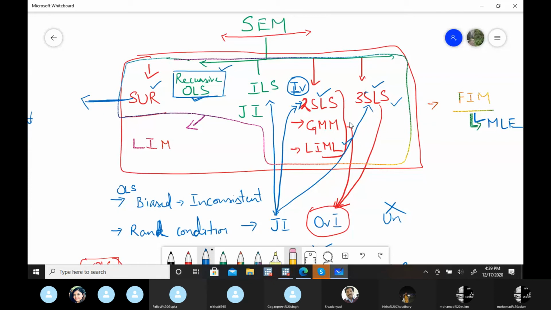So I hope it will help you. And methodology: in most models, OLS is the methodology in the background, but for these two methods and the full information method, MLE is the background. Although I have not seen it in any of the textbooks, I don't have any example. I tried to look.